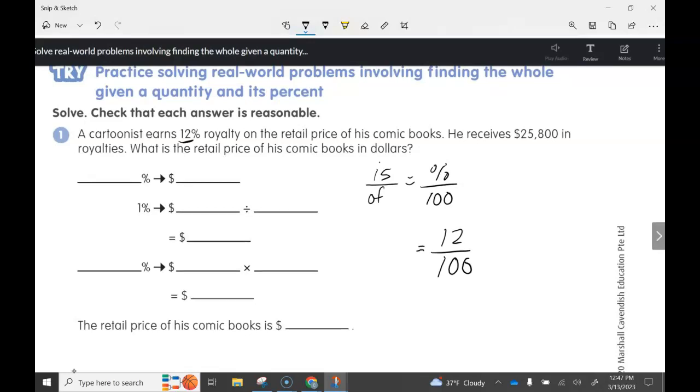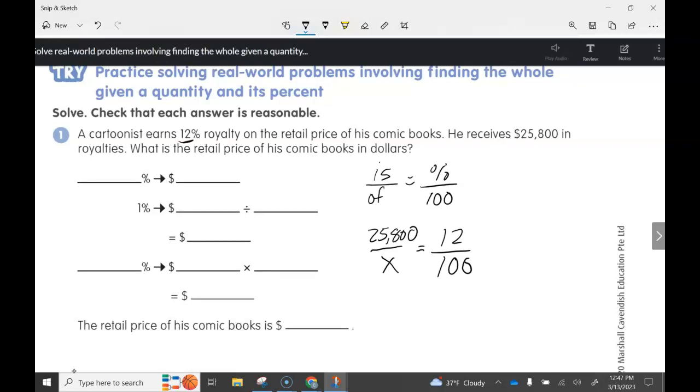And he received $25,800. So we know that the 12% equals the 25,800. We don't know the total amount of his comic books that he sold. But we don't know the of. We don't know the total price, the retail price.